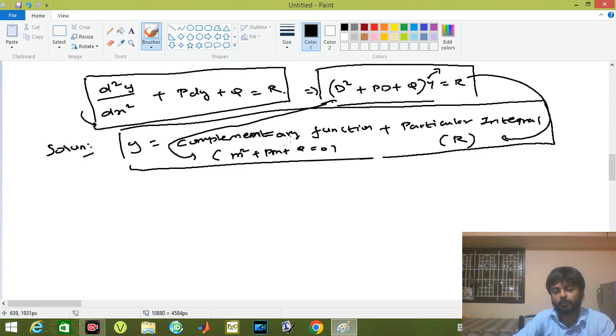All these D would be replaced by m. So the complementary function depends on the above equation, D square plus pD plus q equal to 0. You can replace D by m, and the particular integral depends on the right hand side. Okay, so depending on this idea, first of all we shall discuss about complementary function.